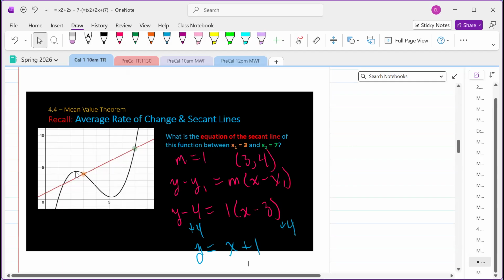So that's just the equation through those 2 points. A secant line, secant in this instance, is just a line that goes through 2 points on the curve, as opposed to a tangent line, that only touches the curve at one point, presumably.